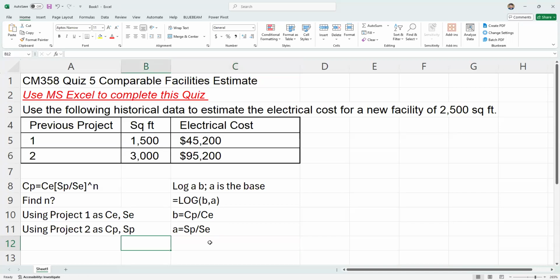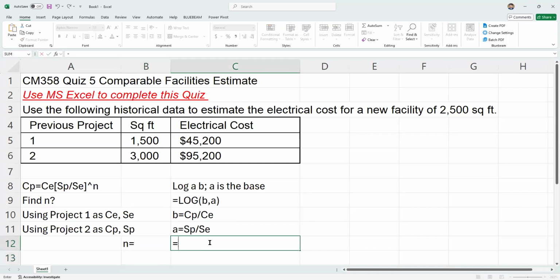To get n, we can put the numbers directly here. Because I understand most of you click on cells to get all those reference numbers, we can do the old school thing, just putting the numbers in, right? So now I need to put in B first.